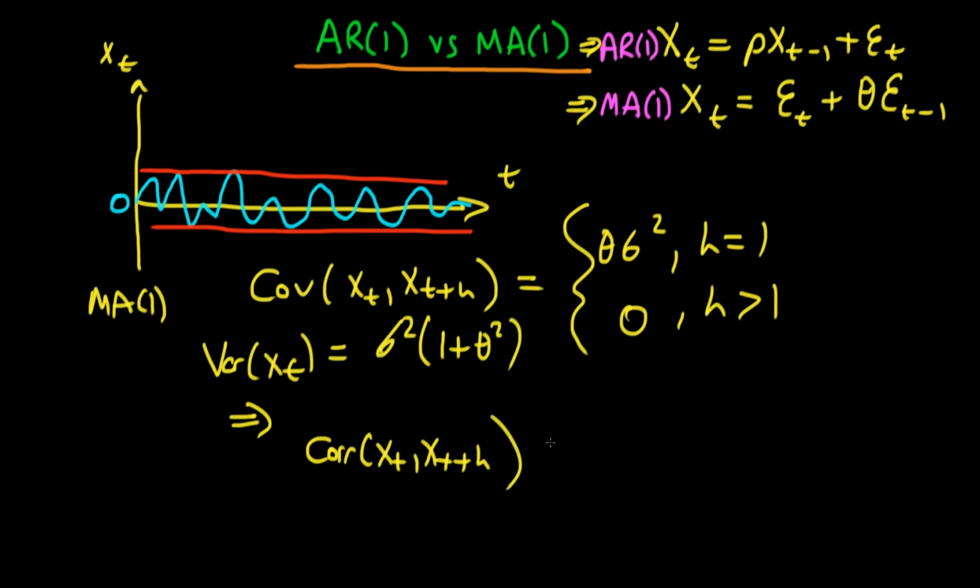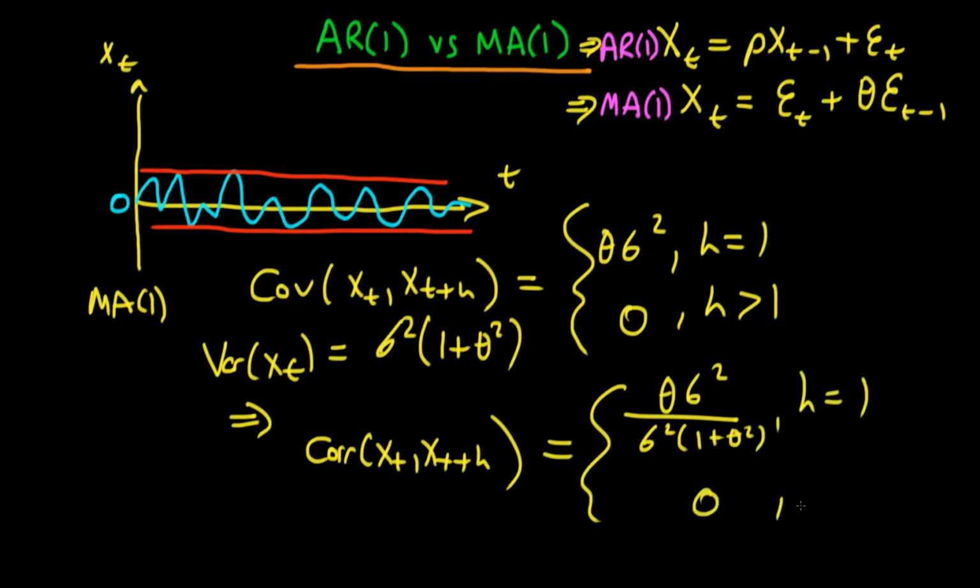For the example of an MA1 process, this would just be equal to theta times sigma squared divided by sigma squared times 1 plus theta squared. That's for the circumstance where h equals 1, and it's equal to 0 for h greater than 1. And actually we can simplify this correlation a little bit, because we recognise that sigma squared is both on the top and the bottom. So the correlation is just theta divided by 1 plus theta squared. And just to remind ourselves, this is just for an MA1 process.